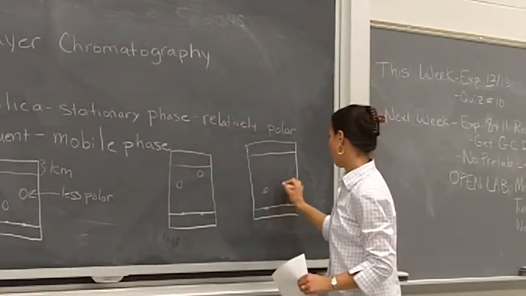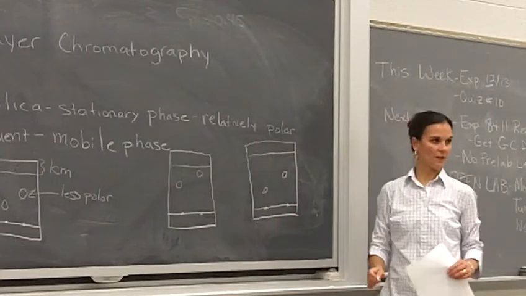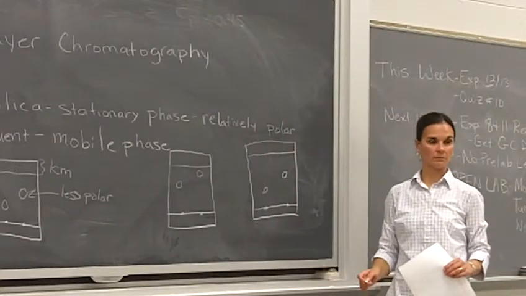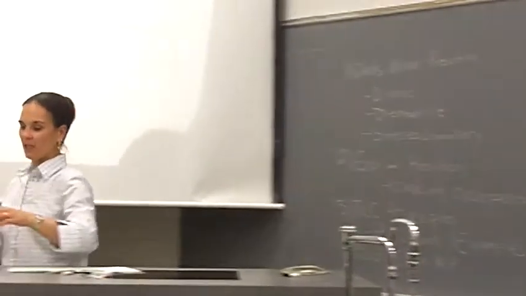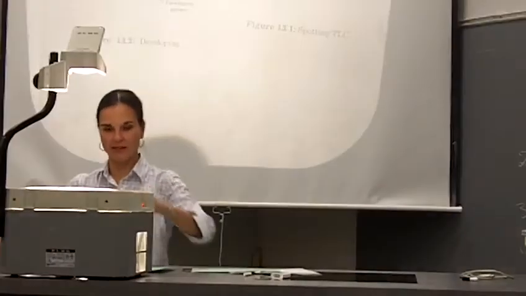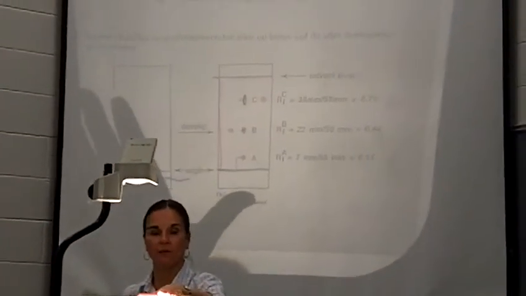So we get maybe back to something like that. What you use to compare the spots and to make a comparison overall for that TLC plate is what is called the retention factor, or the RF value.